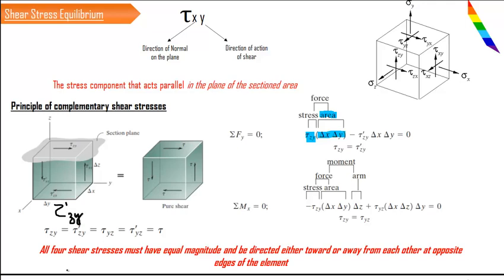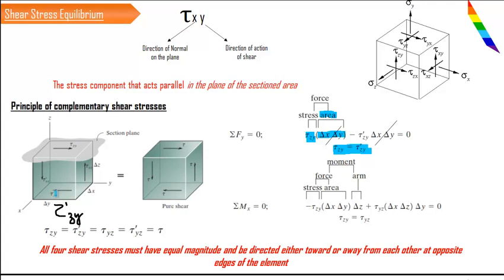So the value of force is going to be tau dash zy into delta x into delta y. Again if you cancel out these two terms, what value are you going to get? You are going to get tau zy should be equal to tau dash zy. These two values should be the same in order to have equilibrium.